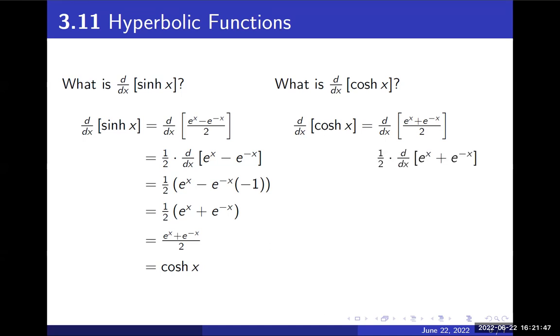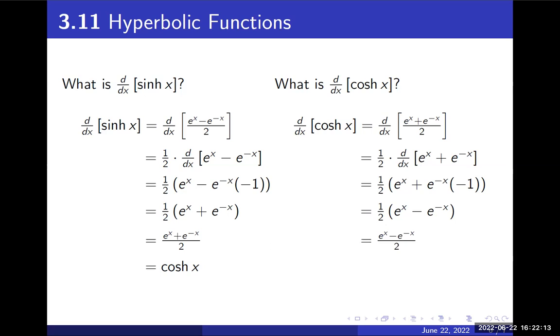Take the 1/2 out. Take the derivative. Again, we've got the chain rule happening on e to the negative x, so e to the negative x times -1. And that just simplifies to a subtraction, e to the x minus e to the negative x, with the 1/2, e to the x minus e to the negative x over 2.